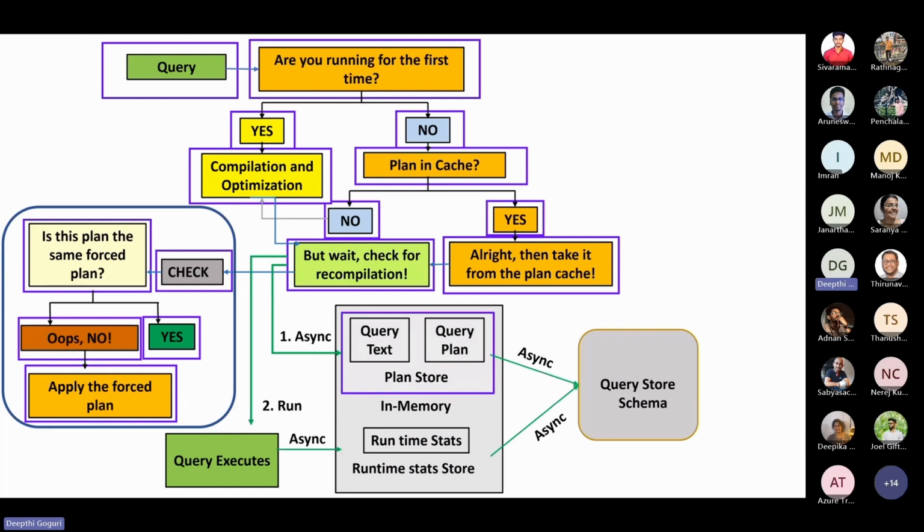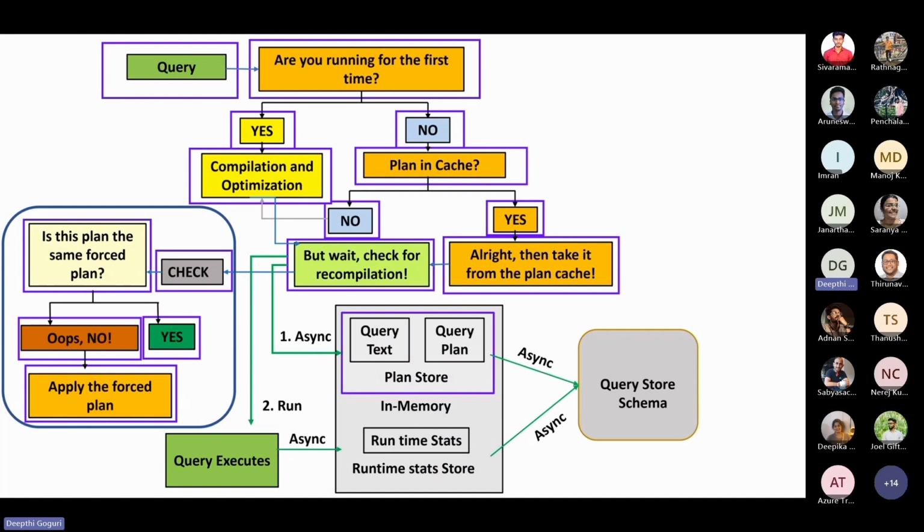The next step is before execution. Again, we are not in the execution phase yet, right? Before execution, the query text and query plan will be saved inside the plan store. When you enable the query store feature on a database, a couple of things happen behind the scenes automatically.